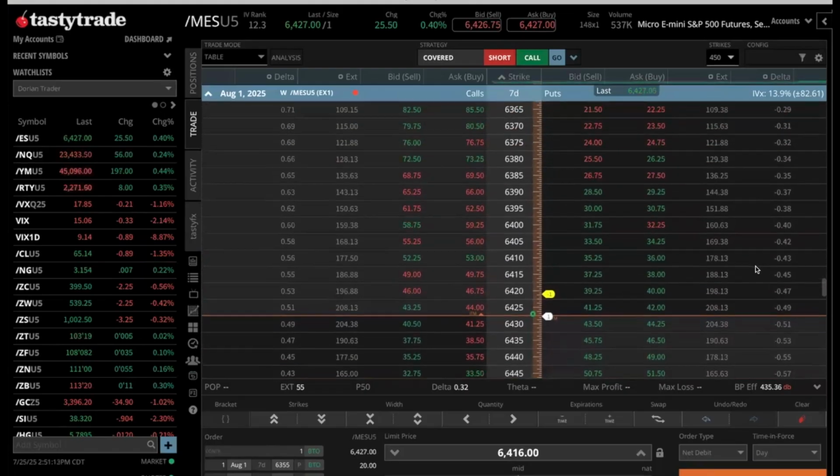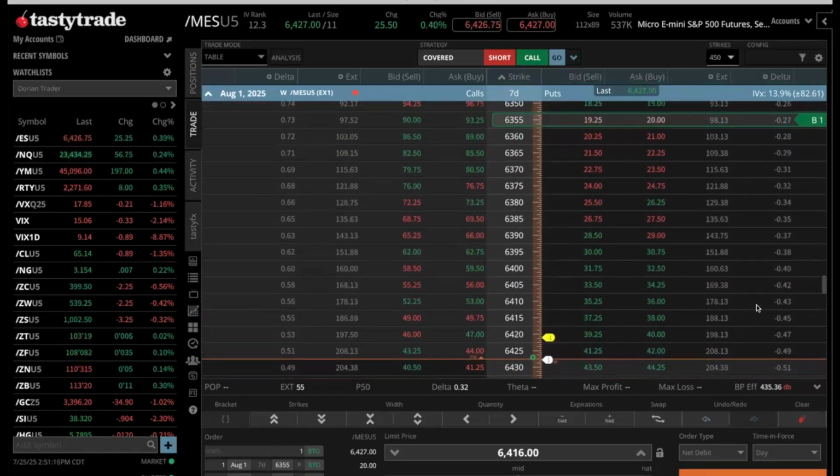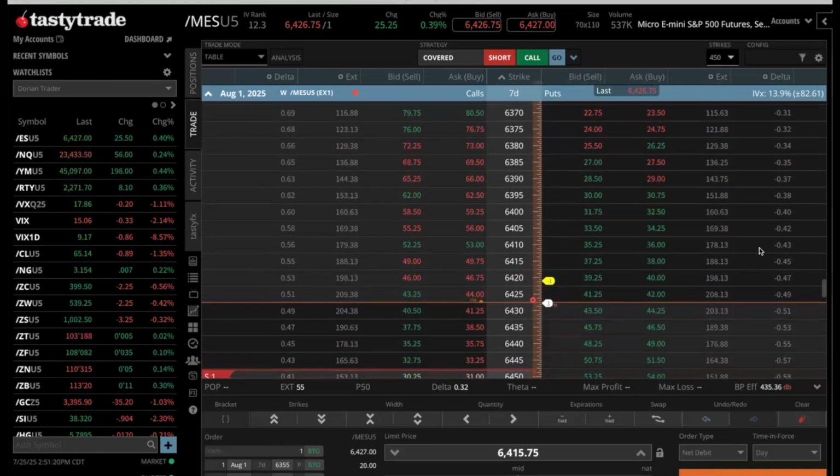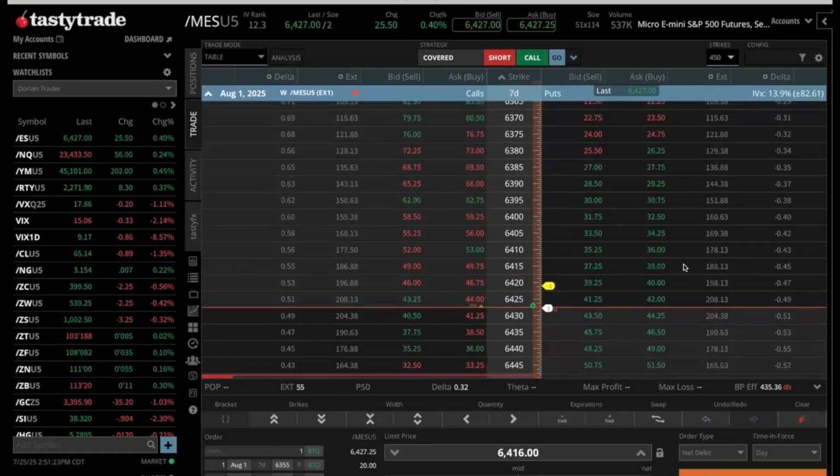What you have to do with these options, with these collars on the micro futures or the futures contracts, you have to know the denominator, and then you have to do the math yourself, because this is only telling us what the extrinsic we're getting for the options part, which is about $55. Then it's telling us the buying power we're going to have once we have this whole trade on. But it's not telling us what our max profit potential is going to be, and it's not telling us what our max loss potential is.